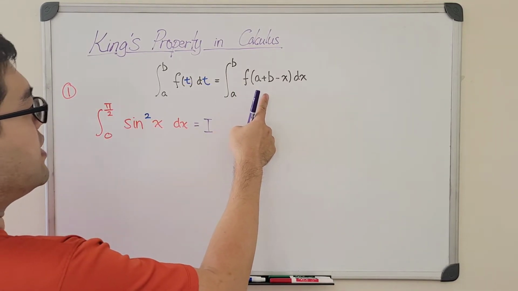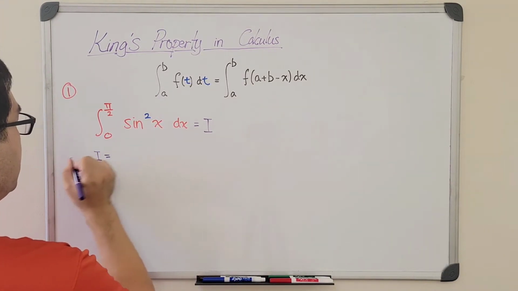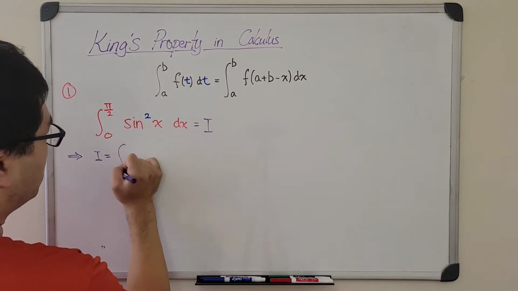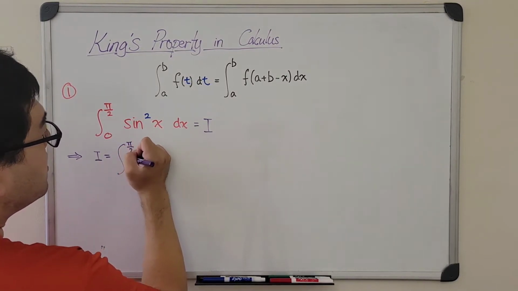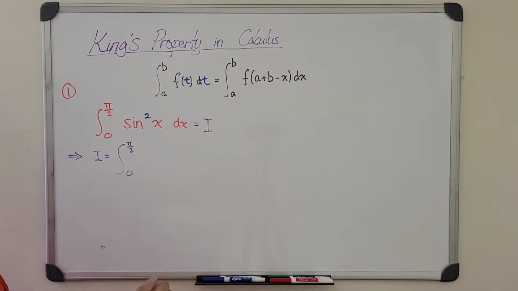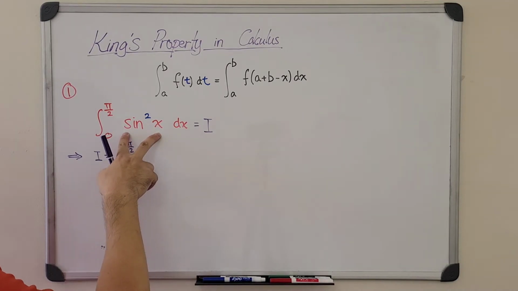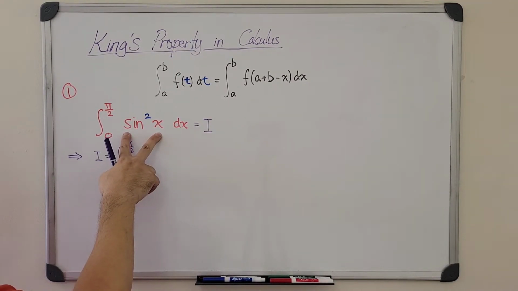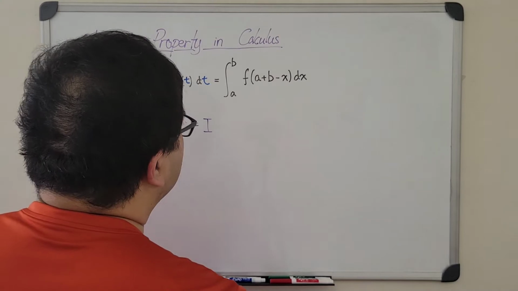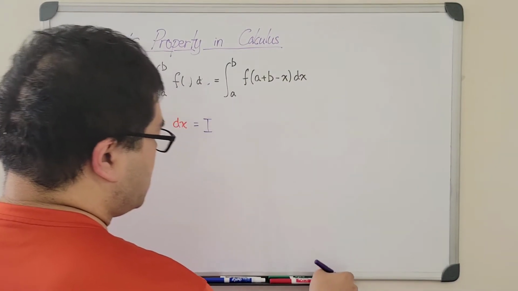Then using the King's property, we say that I is also equal to, again, we see that the interval is not changing. The only thing that's changing is the expression of the function inside. Again, now we can just use x here.